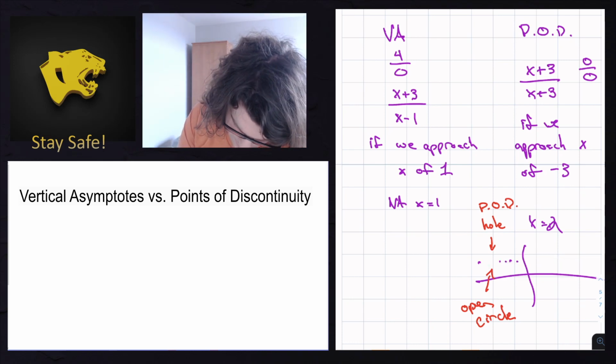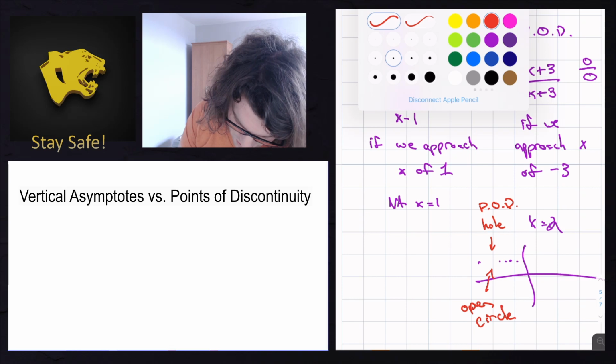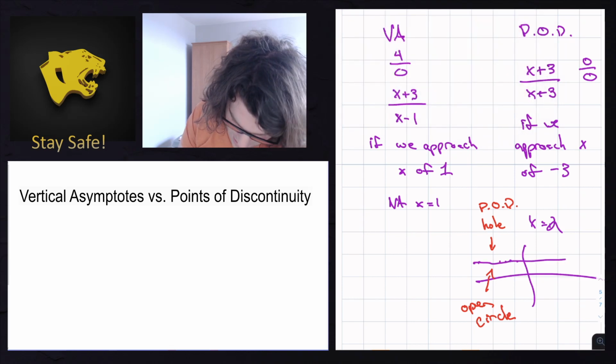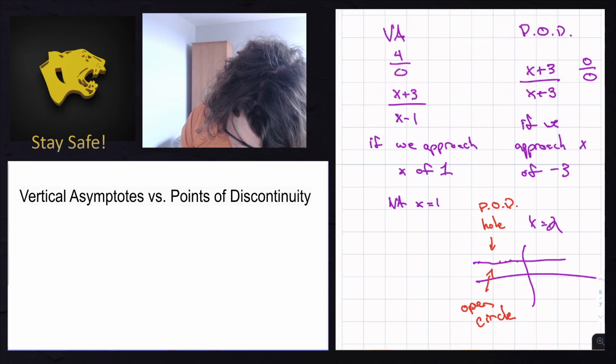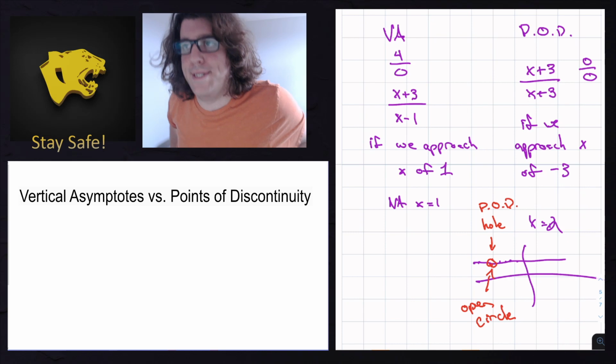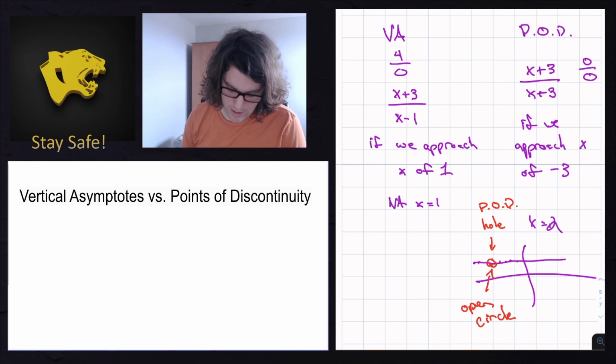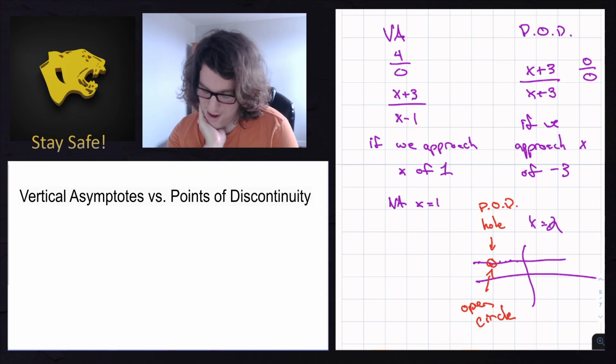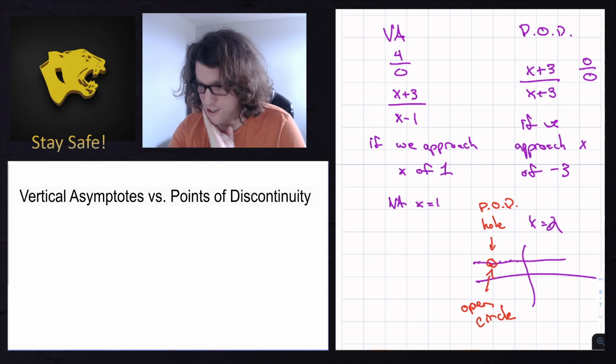So even if the open circle takes up more space than the idea that it only is a very singular point, that's okay. You can't really avoid that. And if you want somebody to see visually that there is a hole there, then you pretty much need to draw it larger.